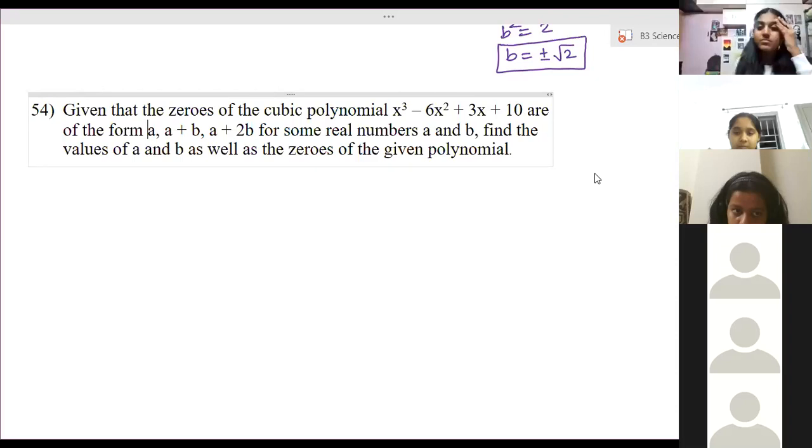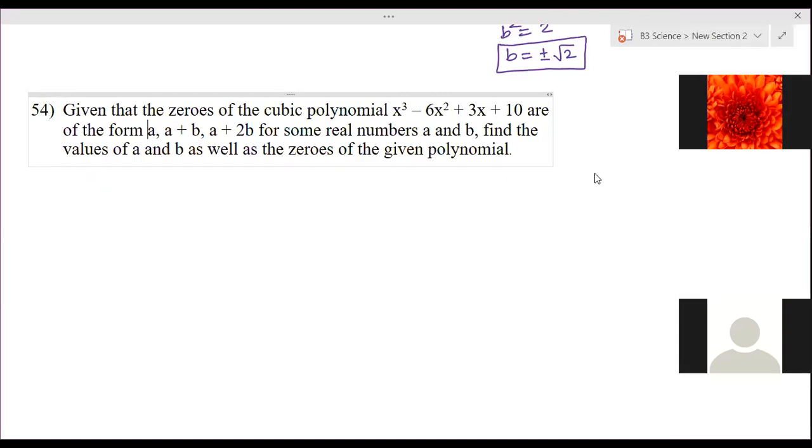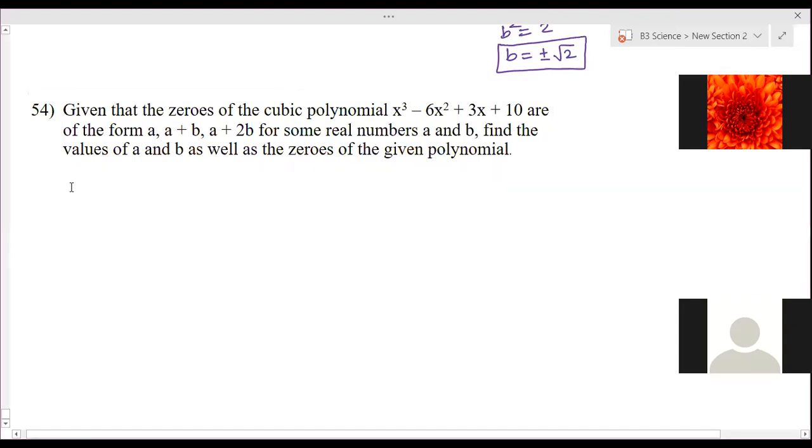Yes, ma'am. What's the answer? Ma'am, a is 1 and b is positive or negative root 2. I am asking about the 55th one. No, ma'am, I've not done that, I'm doing it.